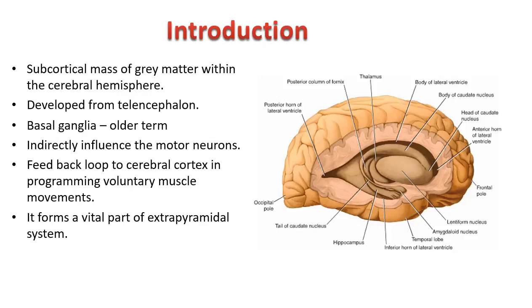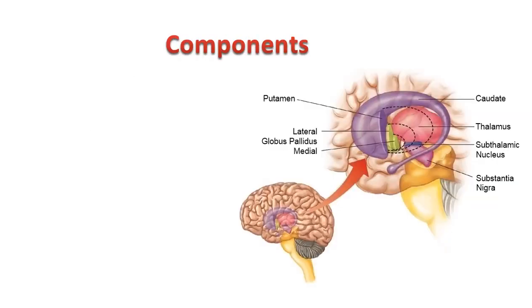So it is constantly providing information to the cerebral cortex about the muscular activity through its feedback loop. That is, in a nutshell, the function of the basal nuclei. Now, we will come to the components of the basal nuclei. Mainly, it consists of the structural components.